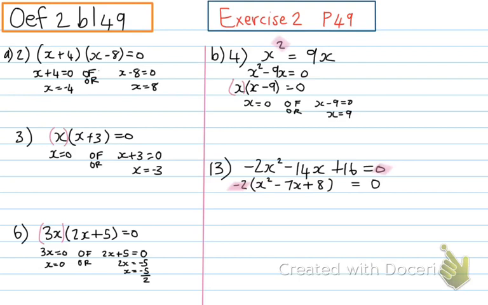So I have a constant again. So I divide it, and then it just disappears, and now I'm going to factorize the trinomial in brackets. So I have two brackets, (x - 8)(x - 1) = 0. Set each bracket equal to 0 separately. So I get x is equal to 8 or x is equal to 1.